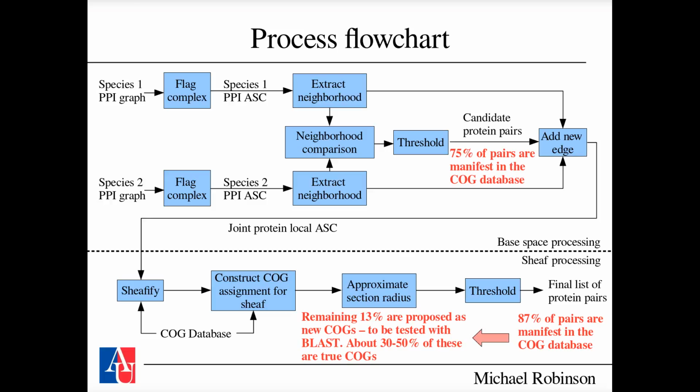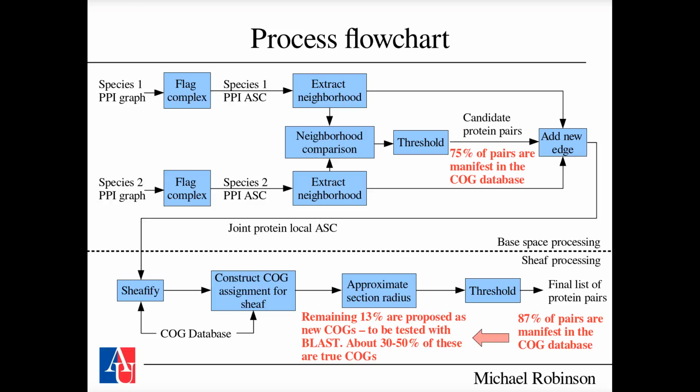So we've rejected a number of proteins that look like they have similar network structure, but are not really related, or at least their neighbors aren't related. And that improves things. The remaining 13%, we propose as potentially new COGs, and we cross-validate them with BLAST, which compares protein sequences. Somewhere around 30 to 50% of those are indeed true COGs that simply weren't manifest in the database.